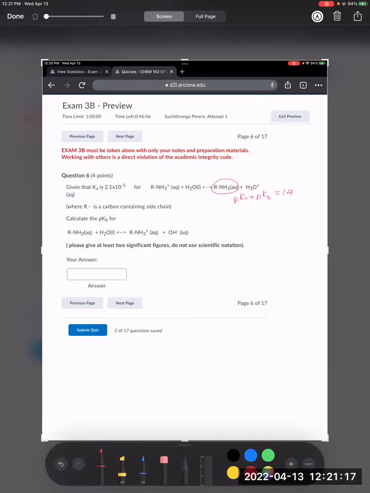Now we have the Ka, so from that we can calculate the pKa, which is minus log of this value. So if I calculate that, the minus log of 2.1 times 10 to the power of minus 5 is 4.7.